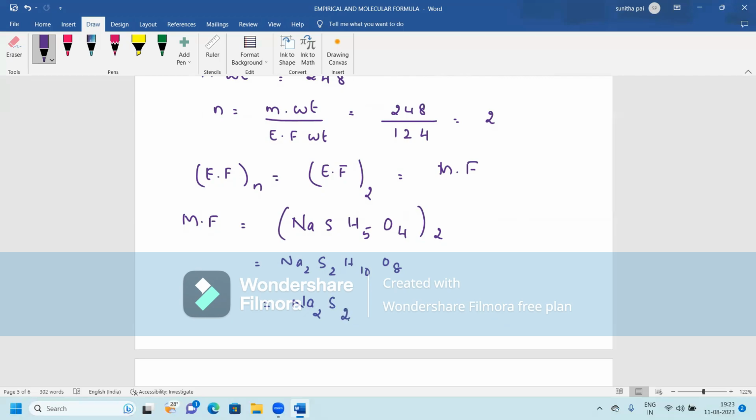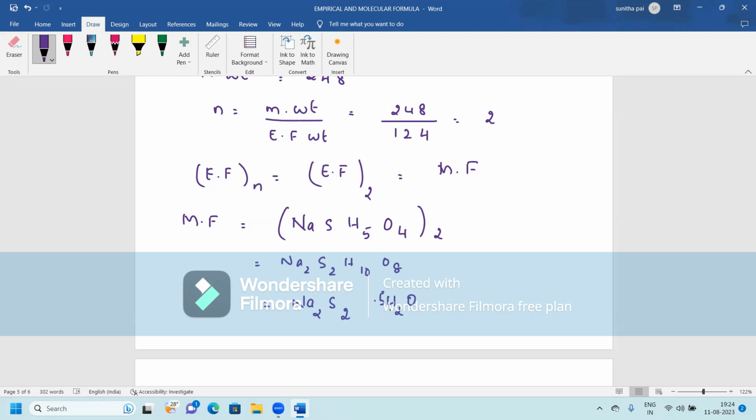Na2S2. This I'm writing completely because sodium and sulfur are not involved in water of crystallization. Now, 10 hydrogens are there. All that 10 hydrogen exist as water. So, how many water molecules should be there? 5, right? 5 twos are 10. Now, in 5 water molecules totally, how many atoms of oxygen have I used?